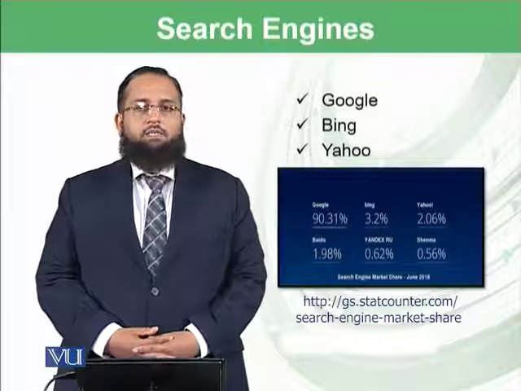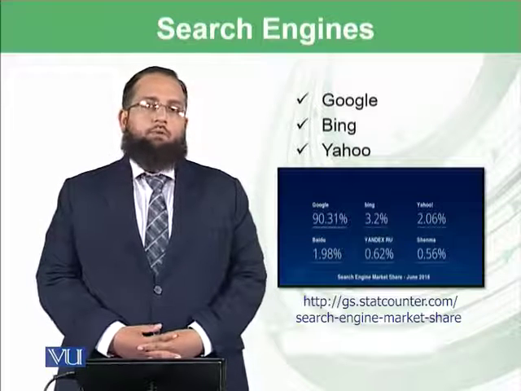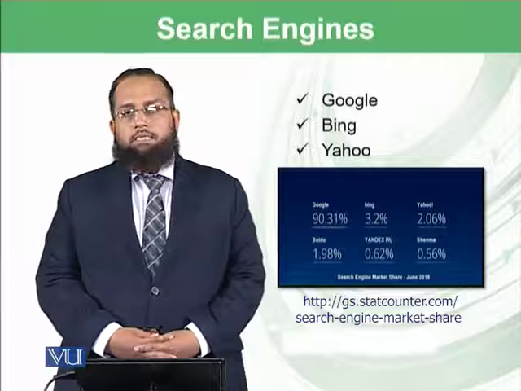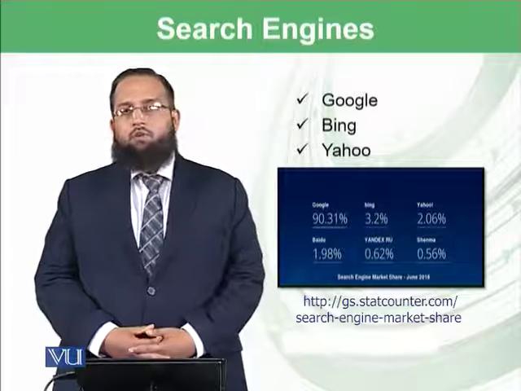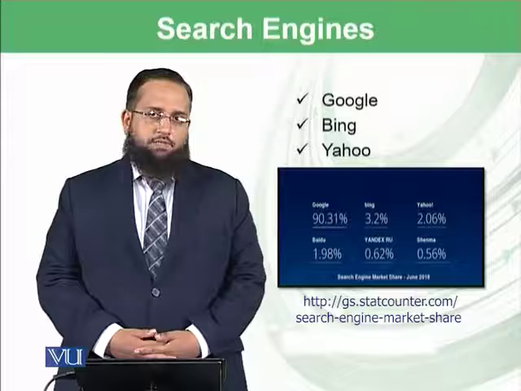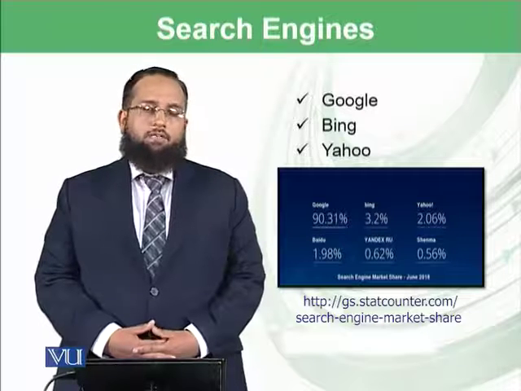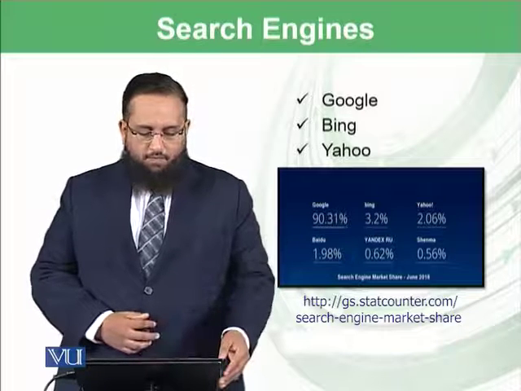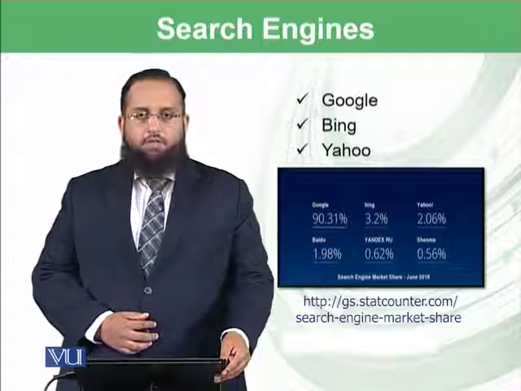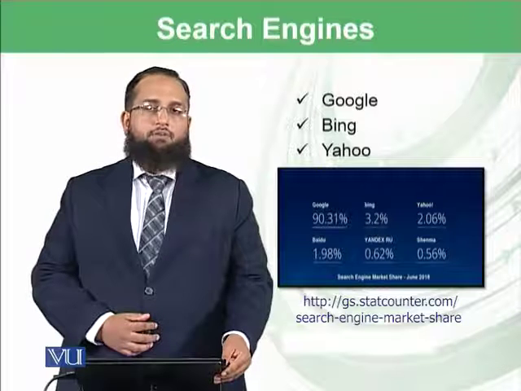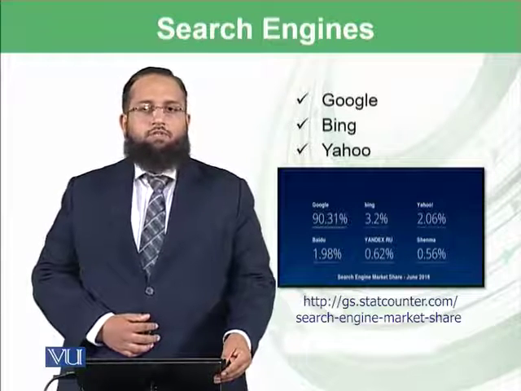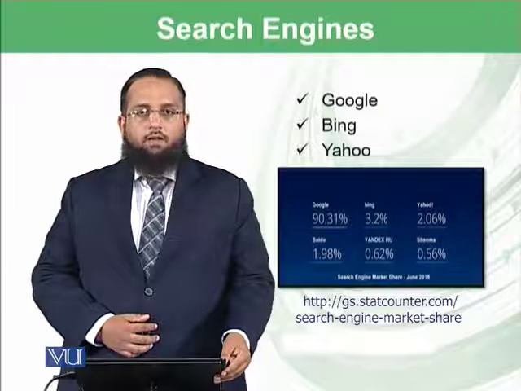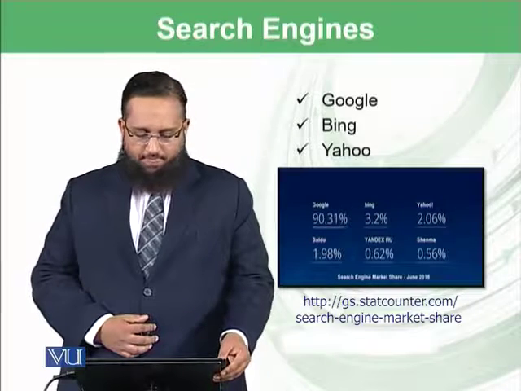Which means Google is being used by more than 90% of the users in the world. So which makes Google the best choice to explore for searching. But I am not restricting you to search on Bing or Yahoo. You can search on Bing and Yahoo as well to see the differences in the search results.